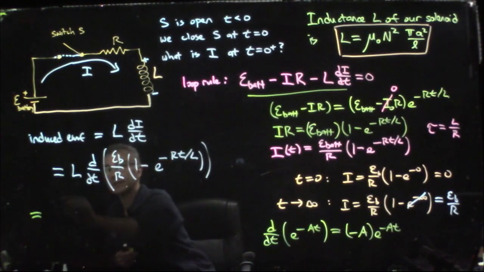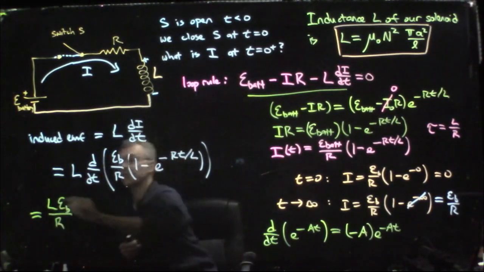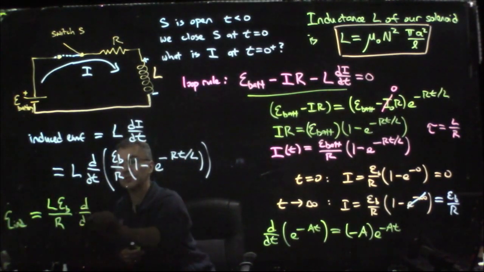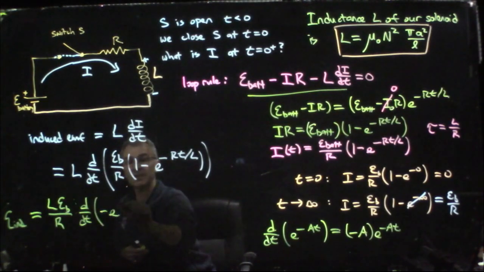So we can pull these constants out. We have L times the battery EMF over R. This is the induced EMF, and then times the time derivative of minus e to the minus RT over L.